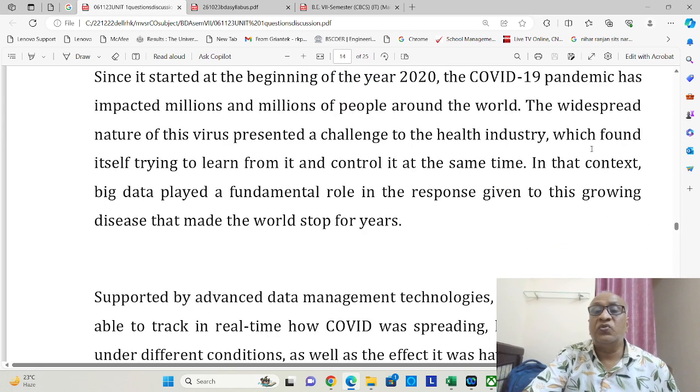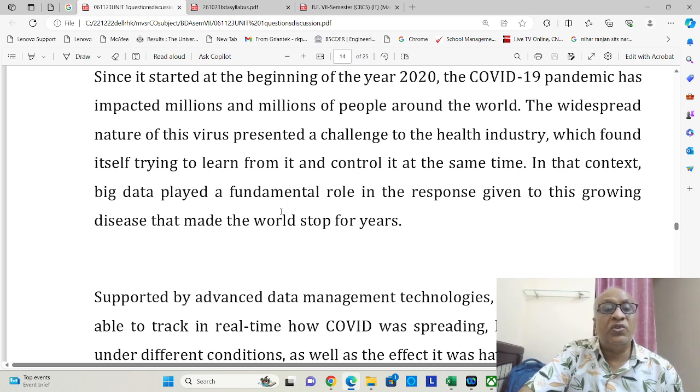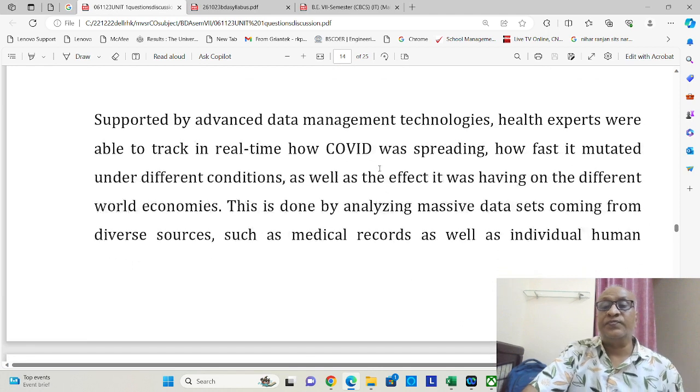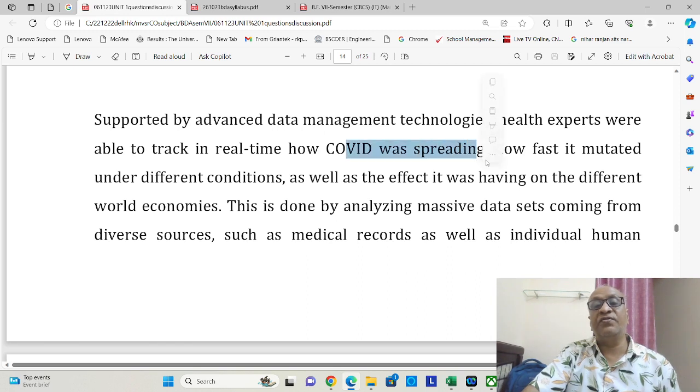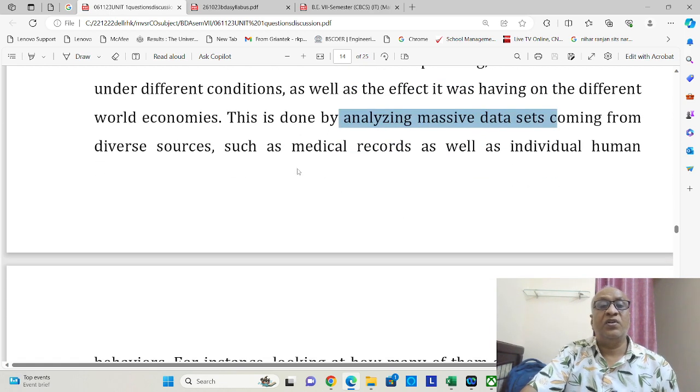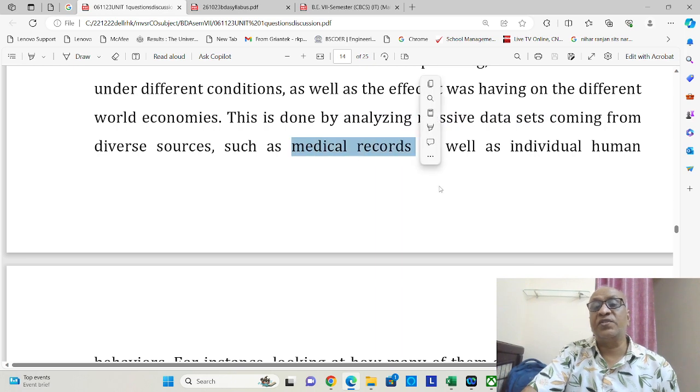So big data played a huge role to handle this disease, because the study of COVID was made faster and effective through big data, because you had to analyze massive data sets coming from diverse sources such as medical records.